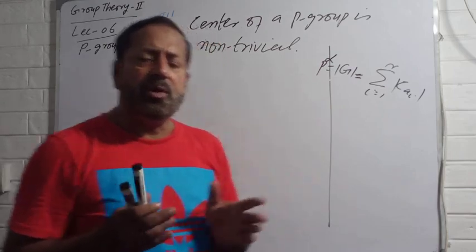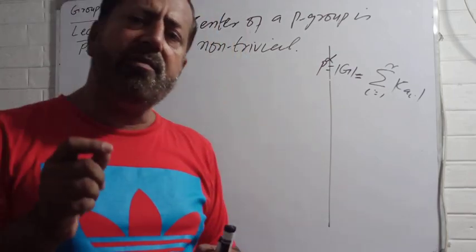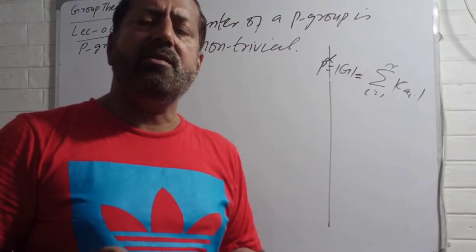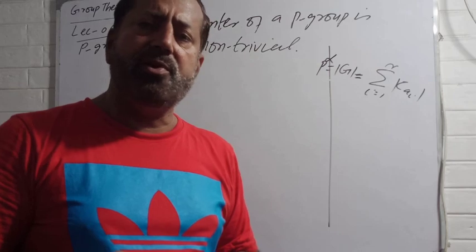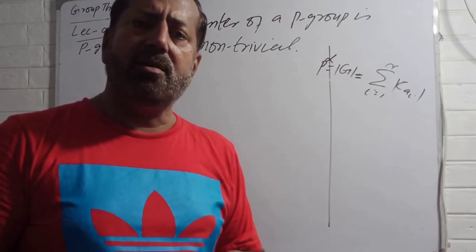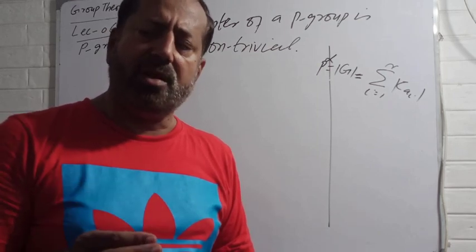Okay, so we can begin by noting that the relation of conjugacy is an equivalence relation. It always defines a partition of the group G, and that's why you have equivalence classes.